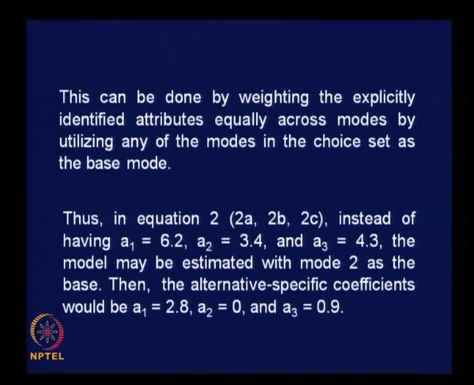Thus in equation 2, 2a, 2b and 2c, instead of having a1 equal to 6.2, a2 being 3.4 and a3 being 4.3, the model may be estimated with mode 2 as a base. Then the alternative specific coefficients would be a1 simply 2.8, a2 0 and a3 0.9.